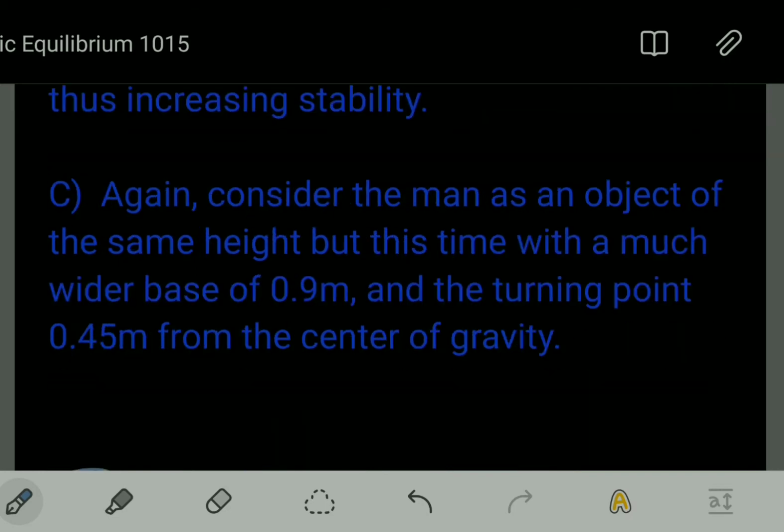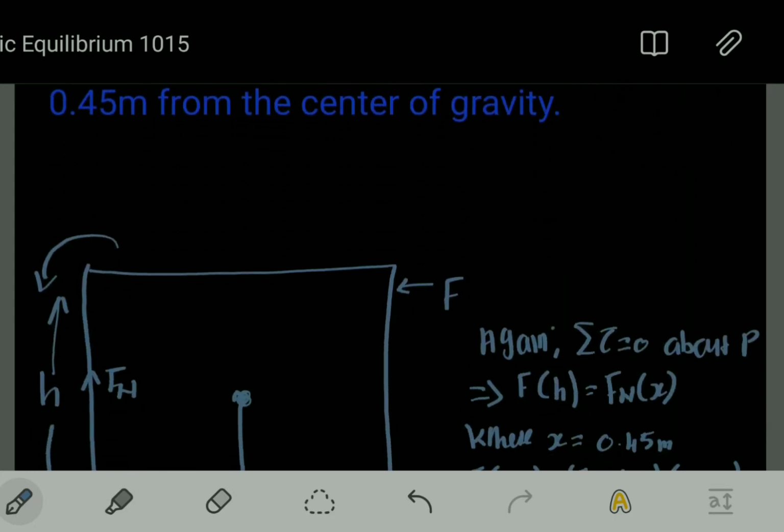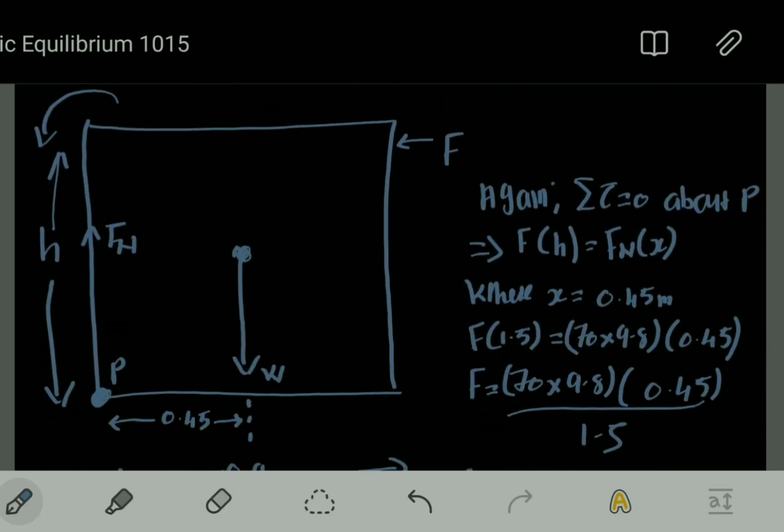Then part C again is similar to part A, only that in this case here, the value of x that we assumed in part A has increased from 0.1 to 0.45 meters. In that case we still have our F, and the perpendicular distance is h to this F. We also have our turning point at P, the bottom left corner here, and also the weight W acting towards the center.